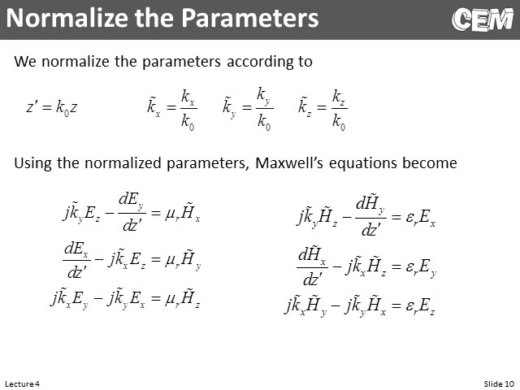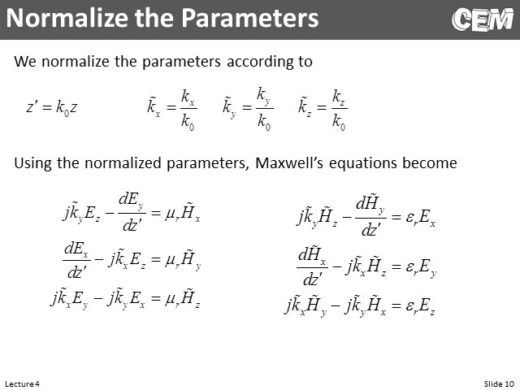Then our k vectors, which are components of the wave vectors, we are going to divide by this free space wave number. And so we'll have a normalized component of a wave vector. Put the little squiggly over it to denote that normalization. So we're normalizing z by multiplying by k0, and we're normalizing the k's by dividing by k0. And both now become unitless.